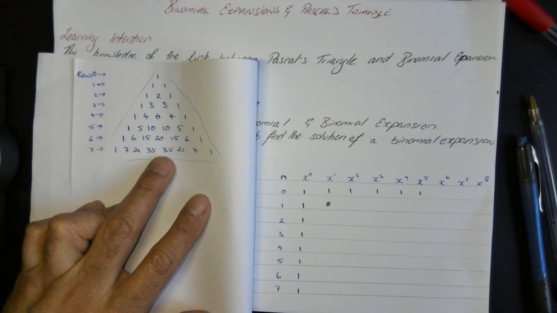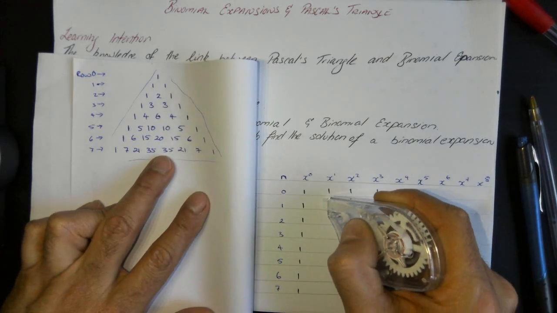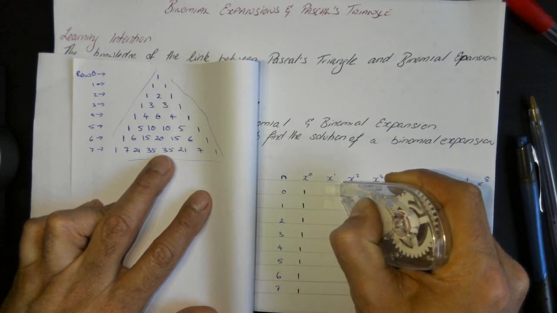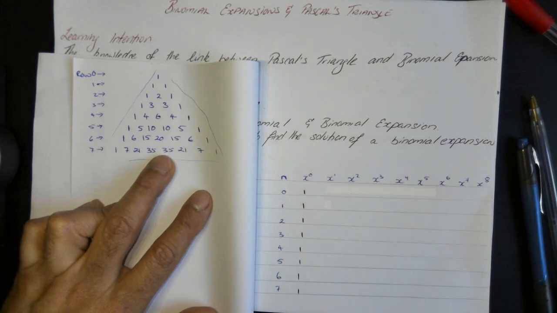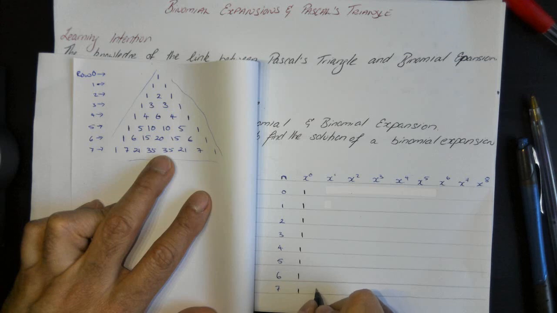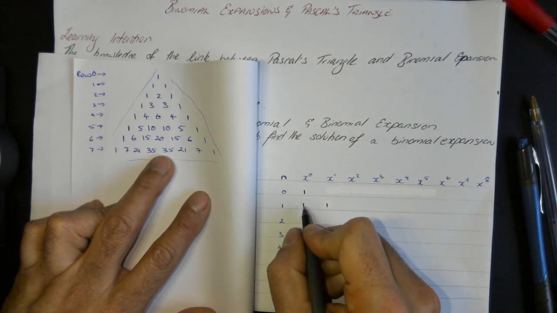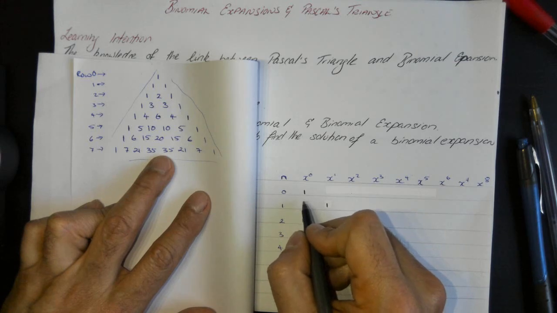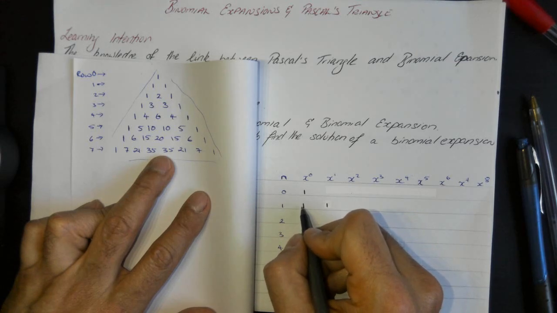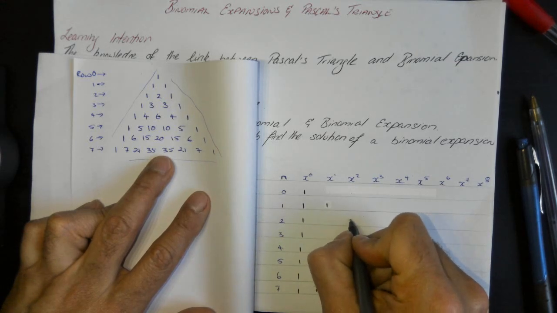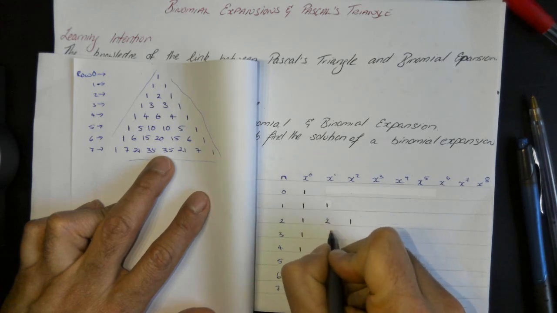Actually, I lie, I want to go in descending order, out this way. So 1, 1, 1. That's 1, that's 2.